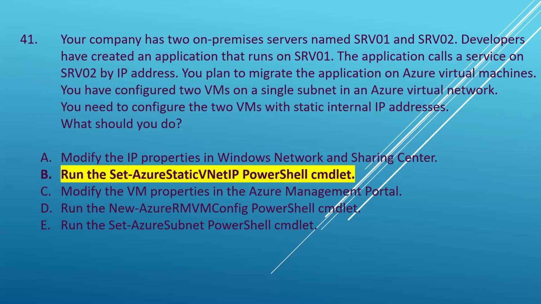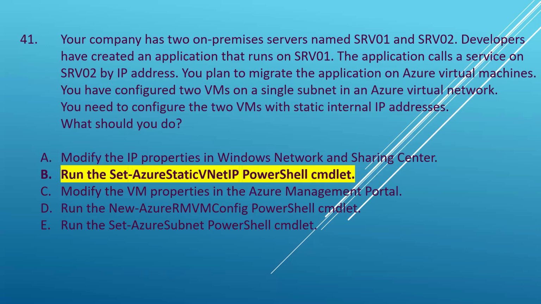The Set-AzureStaticVNetIP PowerShell cmdlet is used to set a static internal IP address of an Azure virtual machine. This cmdlet allows you to set the IP address, subnet mask, and default gateway for the virtual machine's network interface.